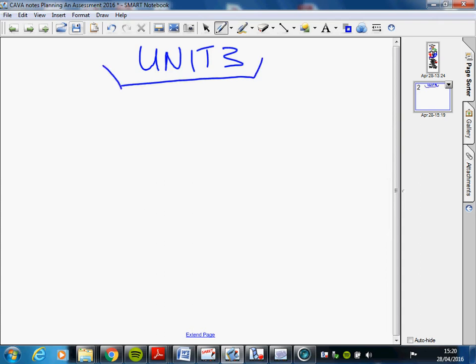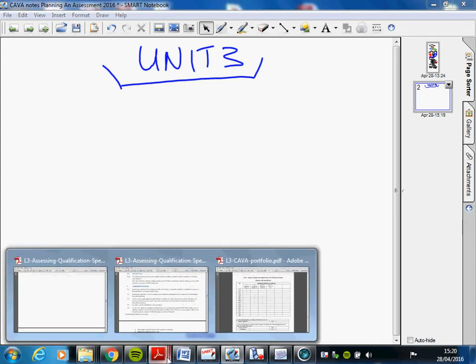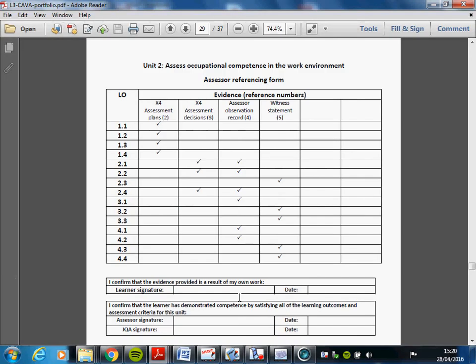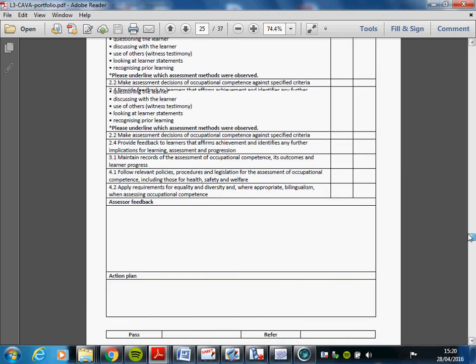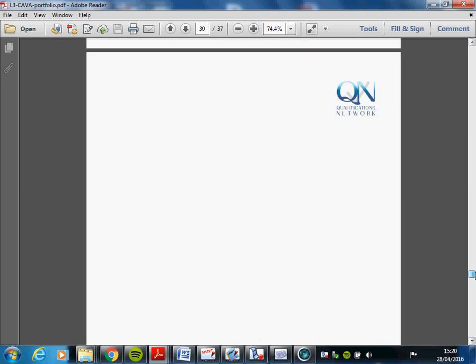This is about assessing knowledge, skills, and understanding. If I go back into the actual specification for Unit 3, Unit 3, where are we now? Oh, Unit 3 is the last one, yeah.